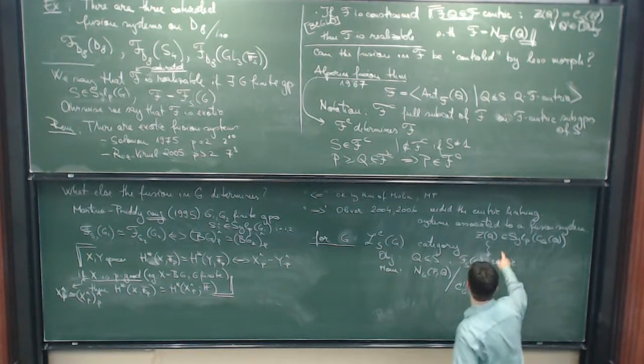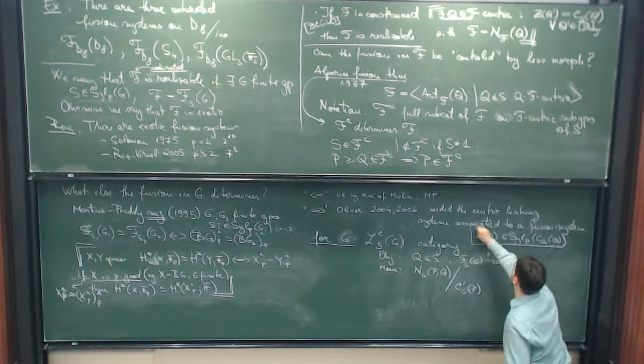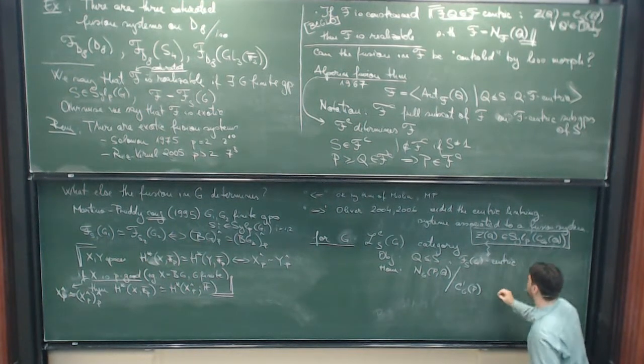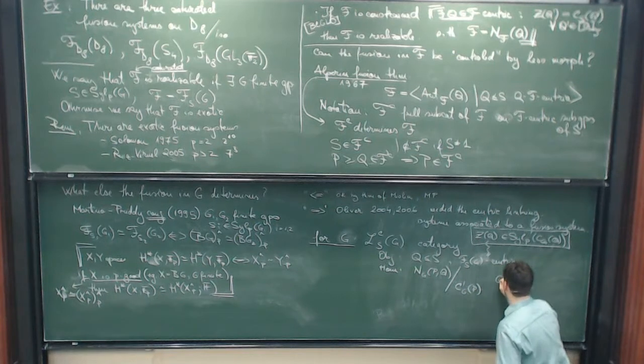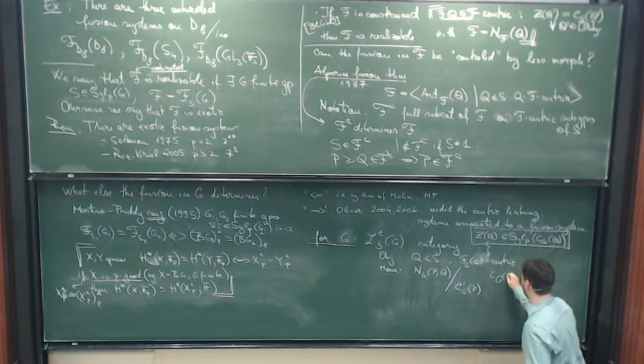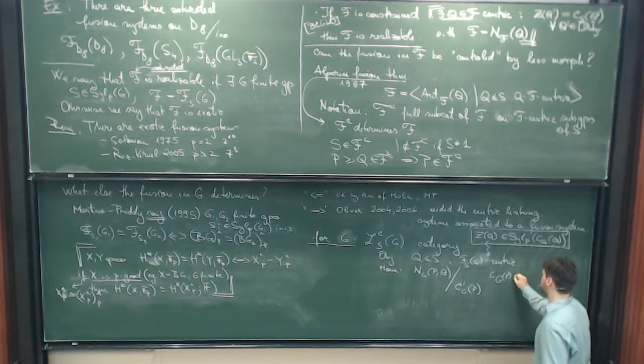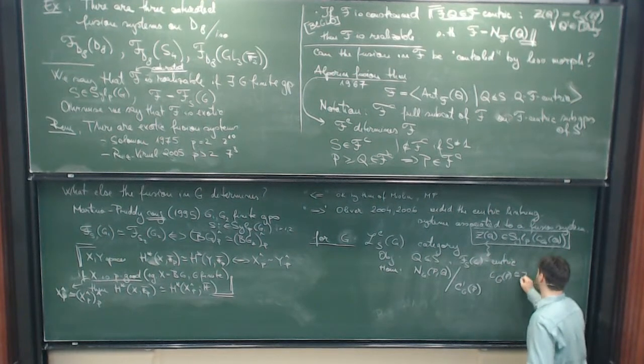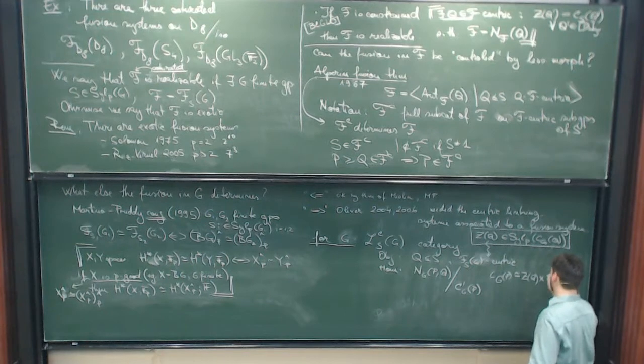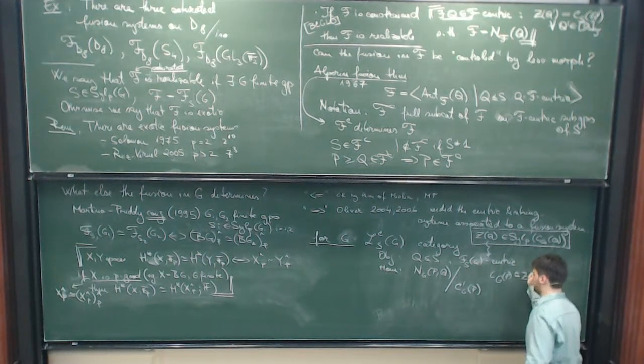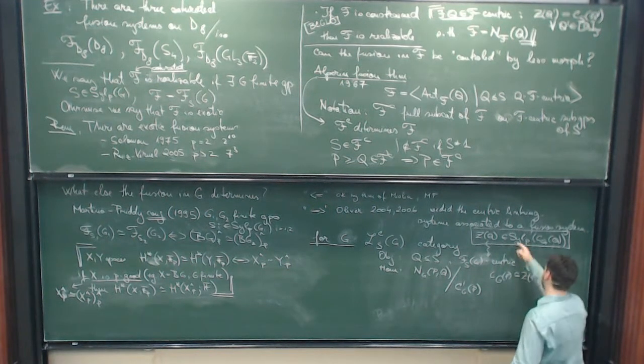In this situation, it's easy to see that the centralizer in G of P is isomorphic to the center of Q cross a p'-group, because it's P here, you're right. It's a Q there, yes.